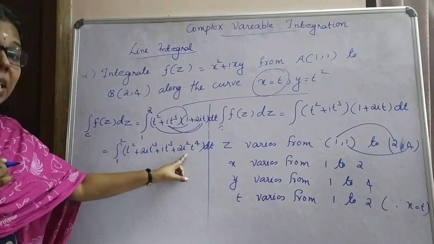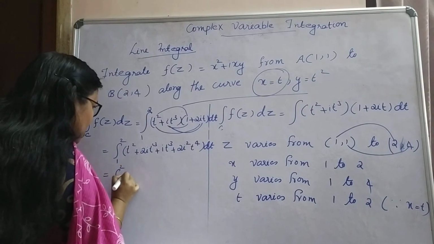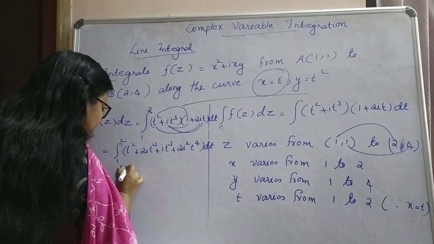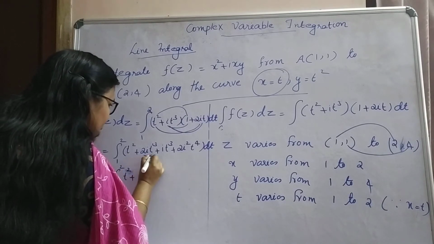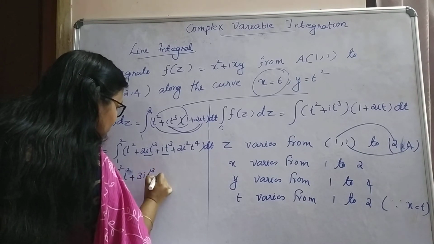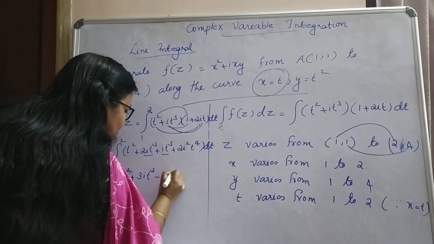i square is minus 1. Therefore, we write the integral from 1 to 2 of t square plus 2it cube plus it cube, which equals 3it cube, minus 2t raised to 4 dt.